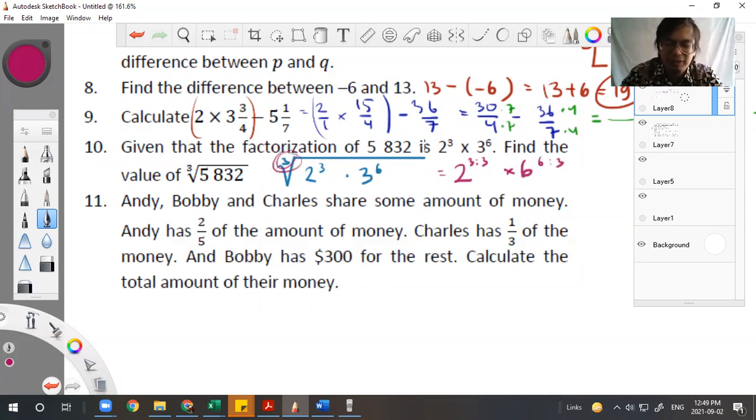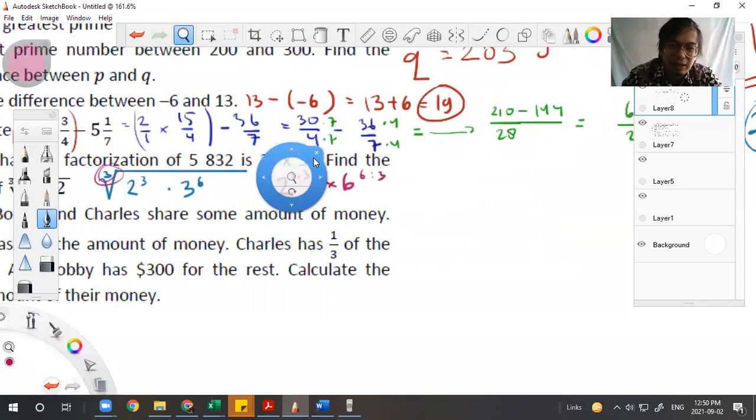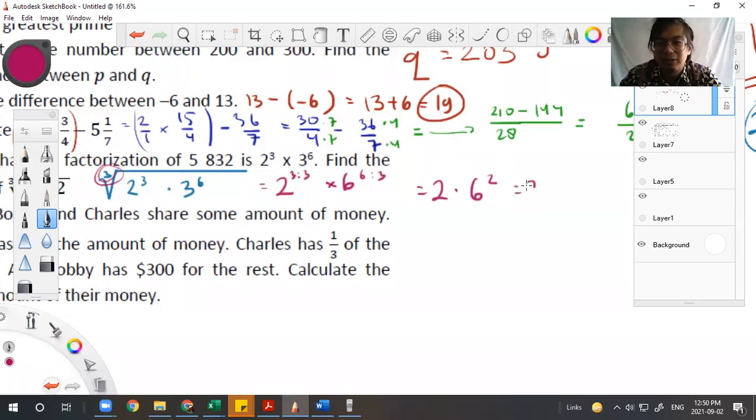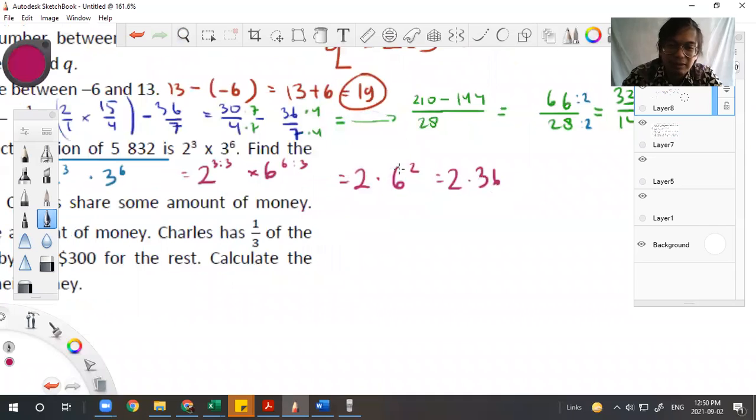Because this will be the division of the power. And then 2 times 6 power 2, right? 2 power 1 means 2 itself, or 2 times 36. I just put the dot here because the dot is representing the multiplication if it is a bit in the middle, not bottom. If it's bottom, it's point. Okay, so the answer will be 72.